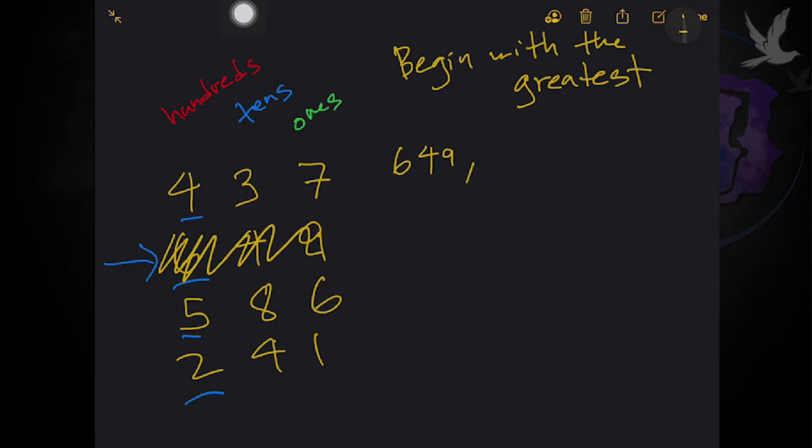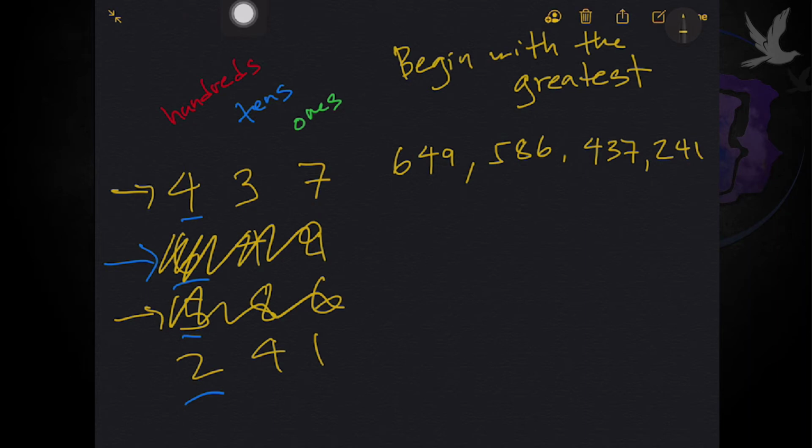Then for the next greater value, let's remove that just to show that it's eliminated. So 4, 5, and 2, the next greater value is 5. We have 586. What's left now is 4 and 2. Obviously 4 has a greater value than 2. So we have 437. And lastly, you have 241.